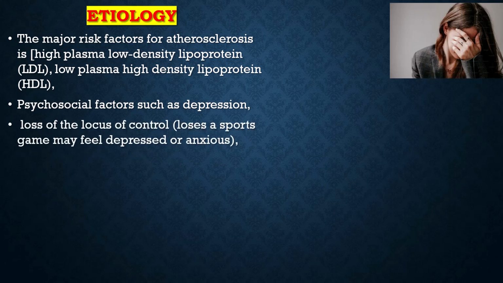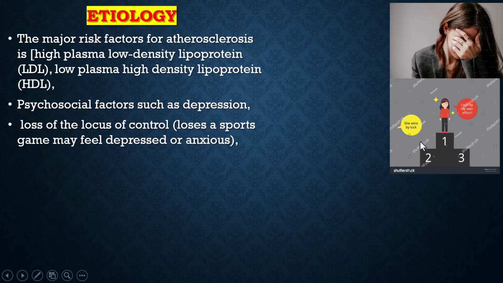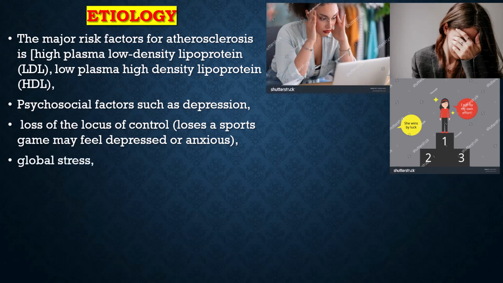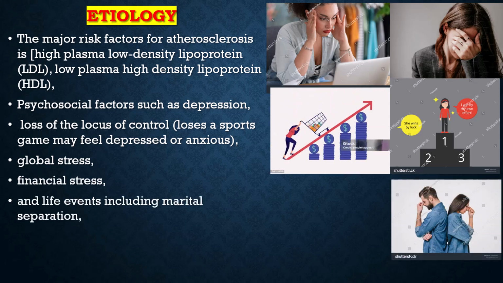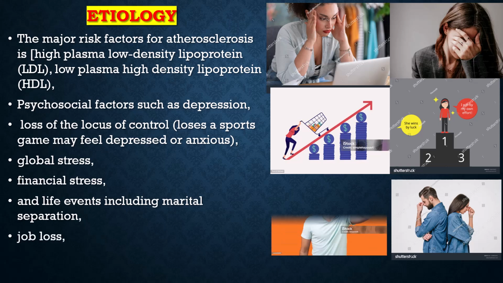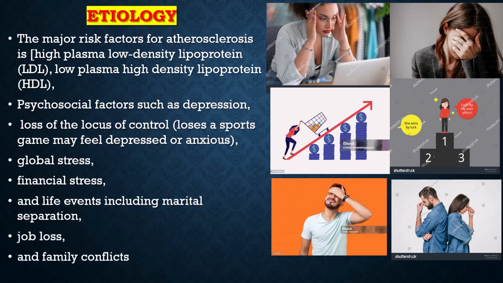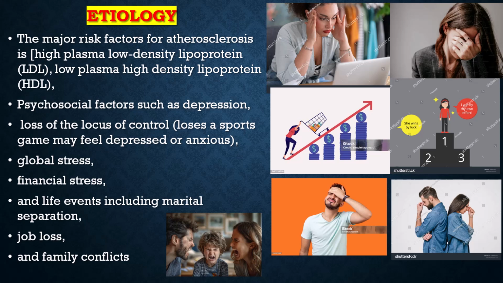Psychological factors such as depression, loss of locus of control, which means loss of sense of control, may feel depressed or anxious. Global stress, financial stress, and life events including marital separation, job loss, and family conflicts.